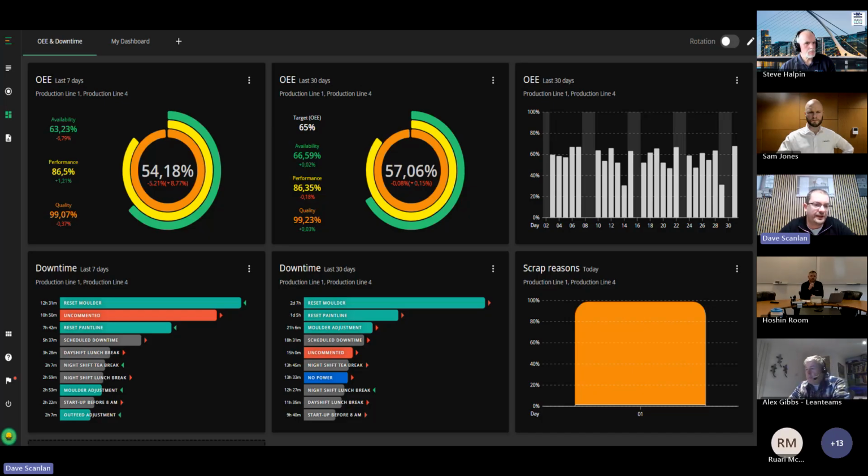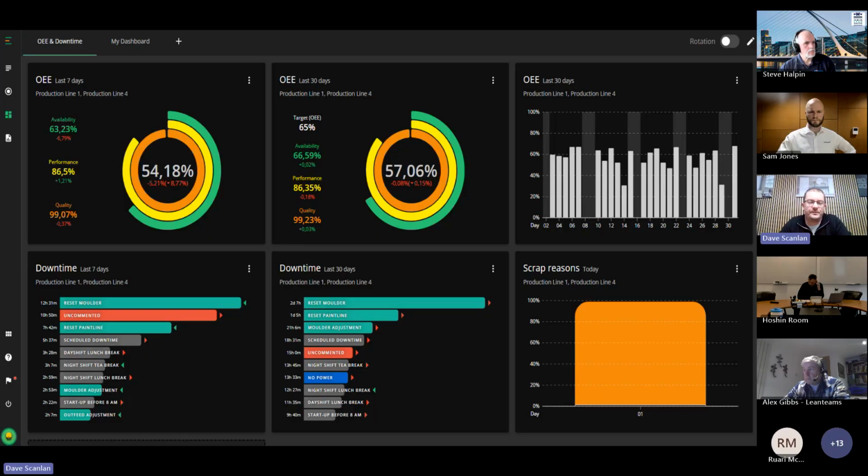The second one underneath that reset molder, the red one there, is one commented, that was when we lost electricity for nearly 11 hours. So that brings down our availability. Our performance then comes down to the adjustments, outfeed adjustments, molder adjustments.